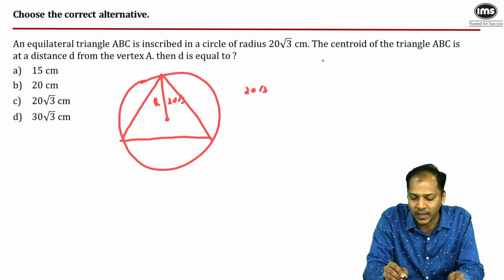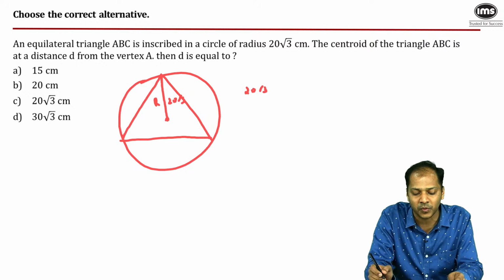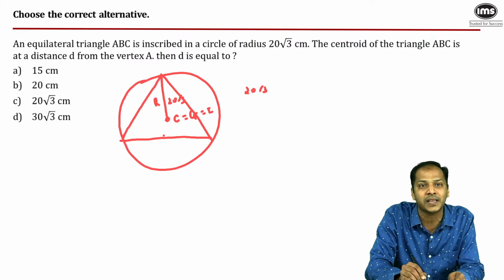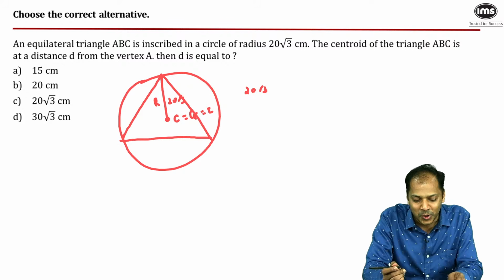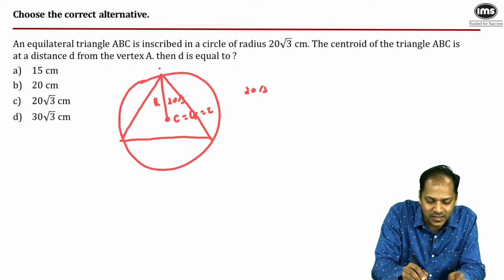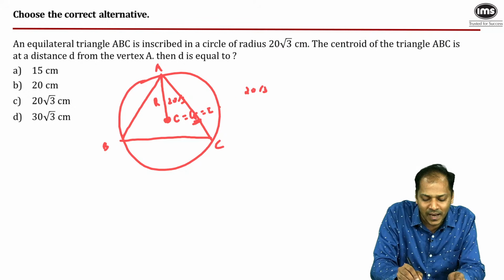Okay, let's quickly get going. The centroid of the triangle is at a distance of D from the vertex A. This point itself, the centroid, is equal to the circumcenter, it's equal to the incenter. All the centers are the same point. So if they say that the centroid of the triangle ABC is at a distance D from the vertex A, this point which is the circumcenter itself is the centroid.